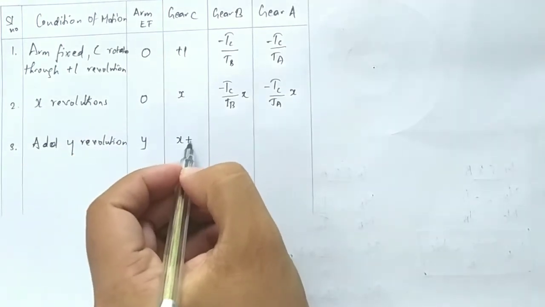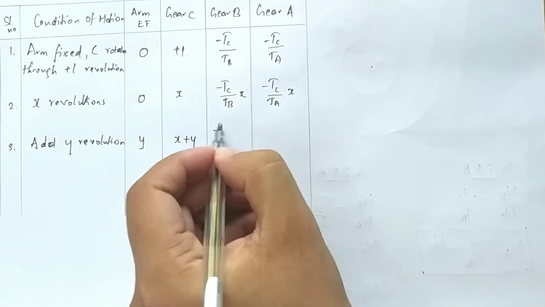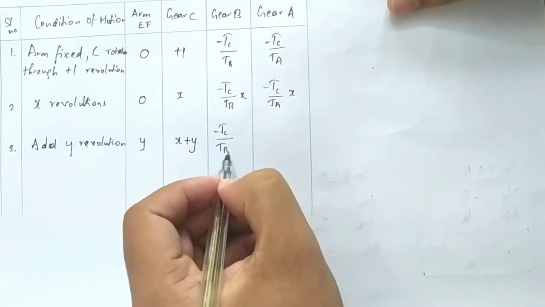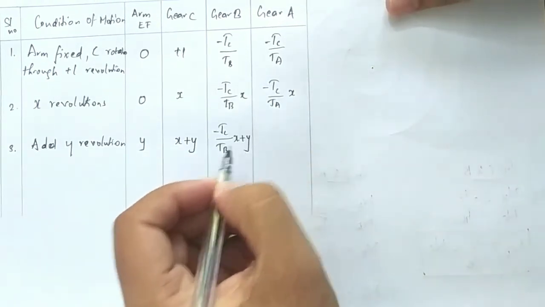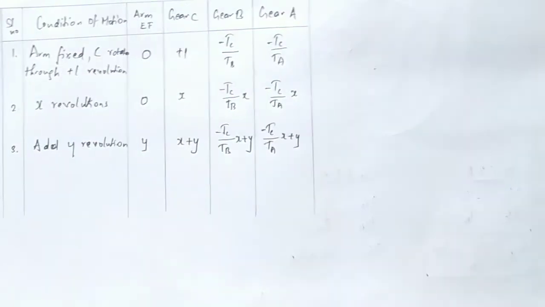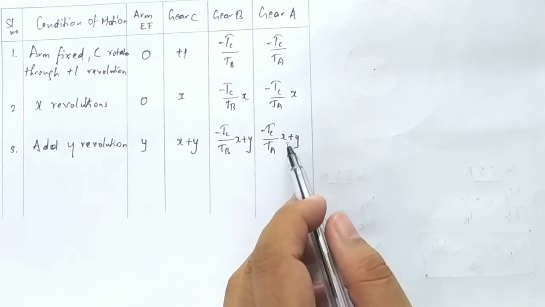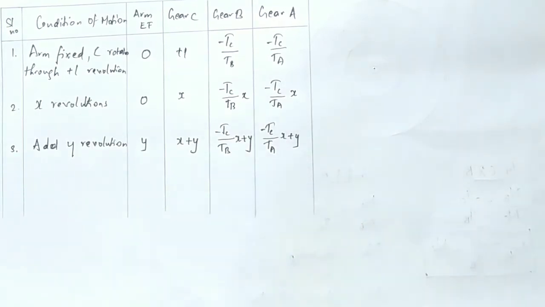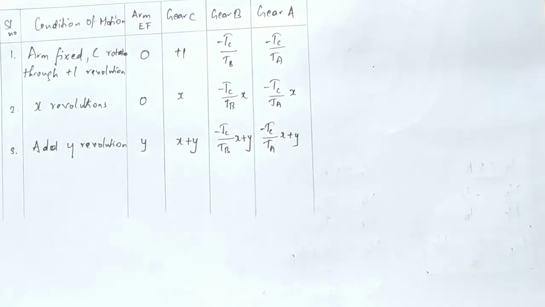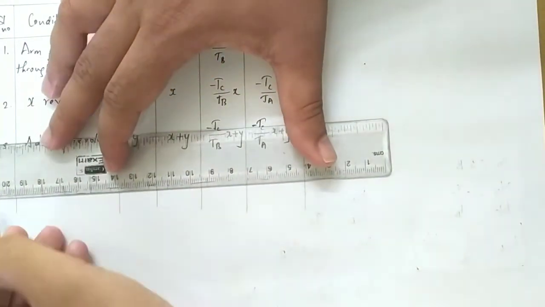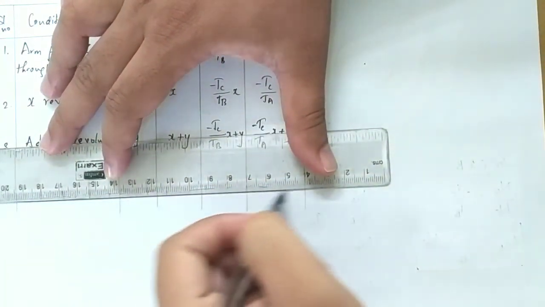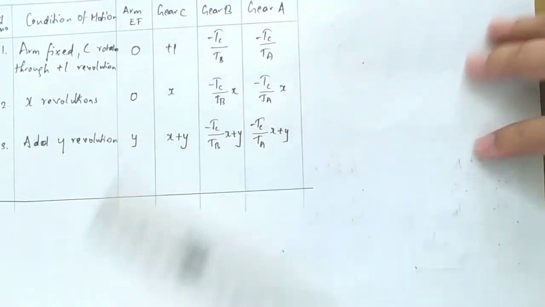This is x plus y. This is minus TC by TB x plus y. And finally we will get minus TC by TA into x plus y. So this is the required motions we have. So we can just close off the table, only this much is required.